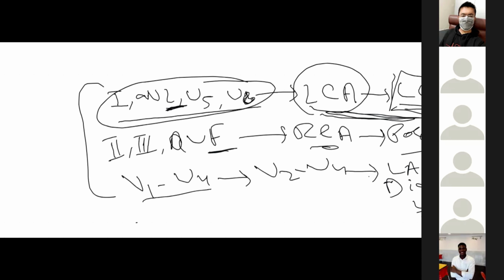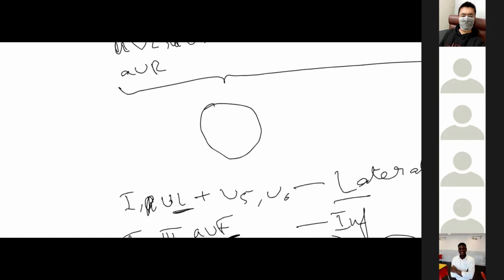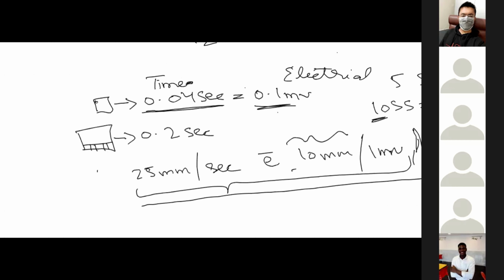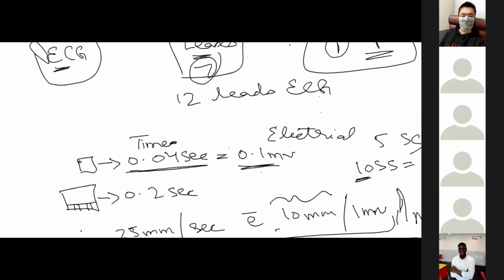V1 to V4, that is the anterior aspect of the heart and it is supplied by the left anterior descending artery with the help of a diagonal branch. So till now we have covered the leads. Now coming towards the ECG itself.